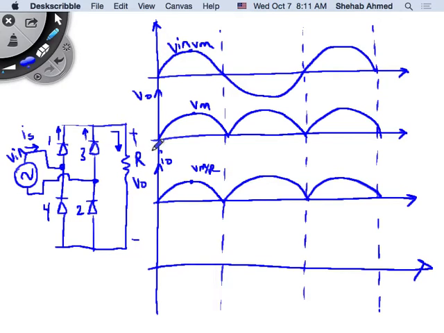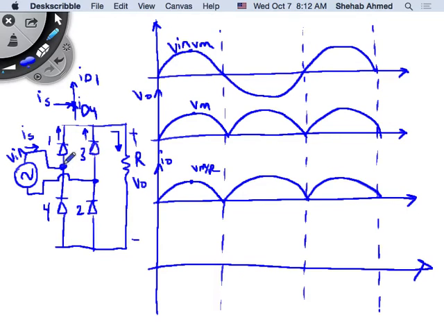Again, let's do Kirchhoff's current law at this node. At this node, I have source current coming into the node. This is I supply, or I source, and I have diode 1 current and diode 4 current here. ID4 is coming into this node, IS is coming into the node, and ID1 is coming out of the node.